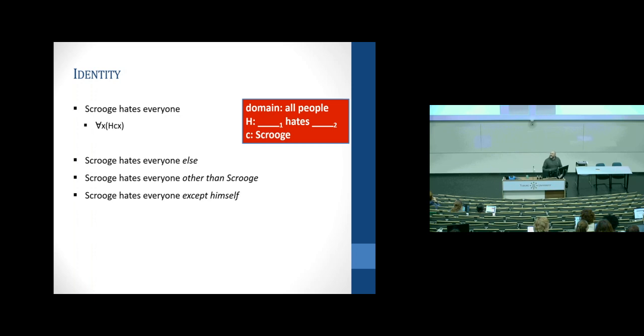So by denying the identity relation, we guarantee that Scrooge hates everybody else. Again, it'll be easy when we see it. We can say everyone who isn't Scrooge is hated by Scrooge, i.e., everything that is not identical to him is a target of his hate.